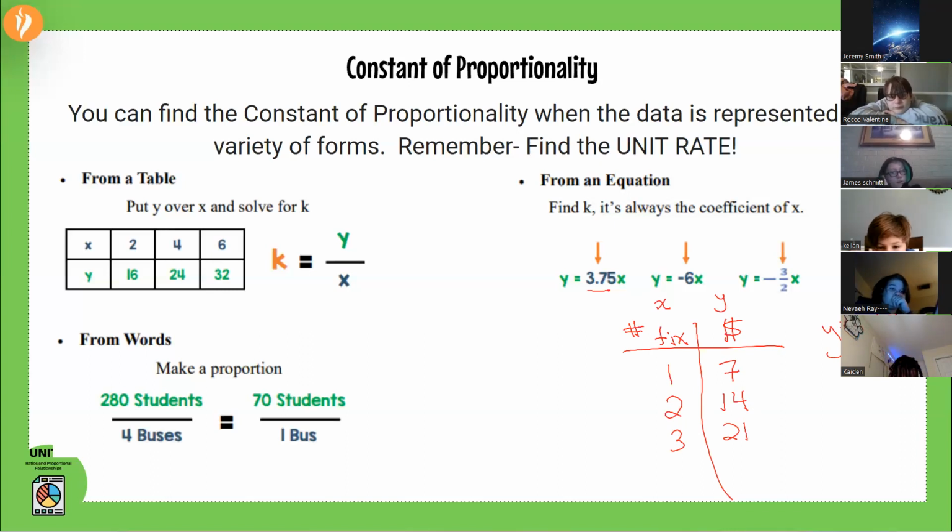Well, when my equation is written in y equals form, whatever number is multiplied by my x is the constant of proportionality. And in this situation, it's 7, right? How do we get our constant of proportionality? It'd be y divided by x, y divided by x, and y divided by x. On all of these, we would find our constant of proportionality is 7. Okay.